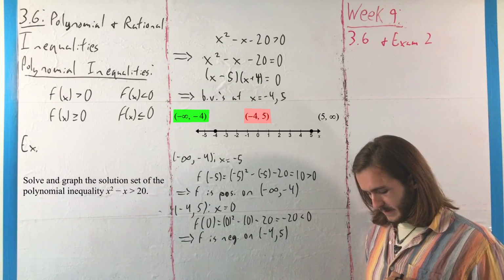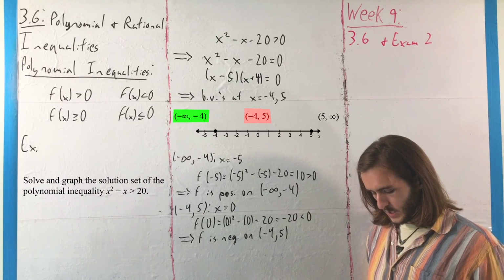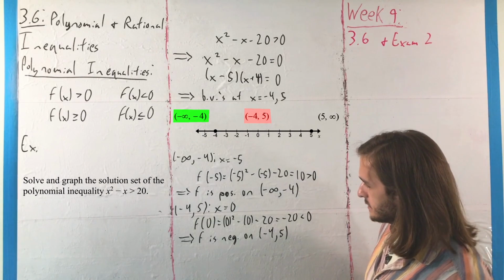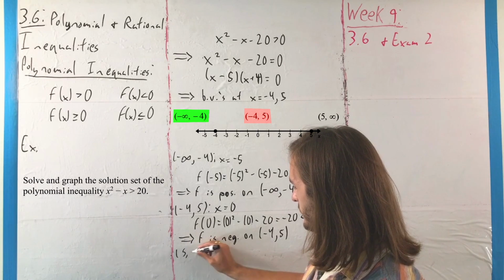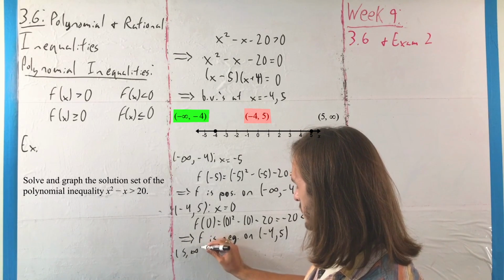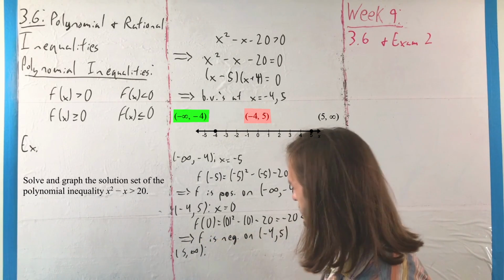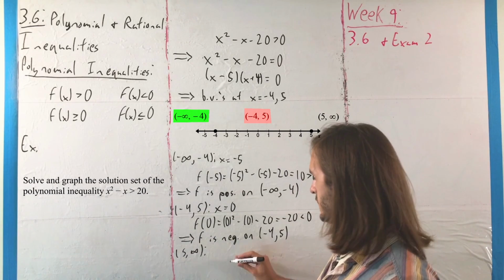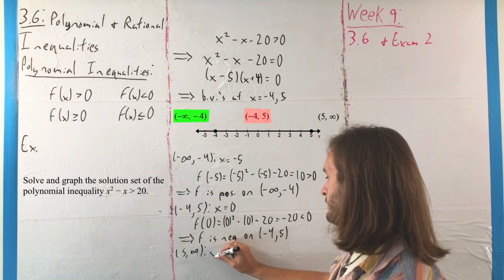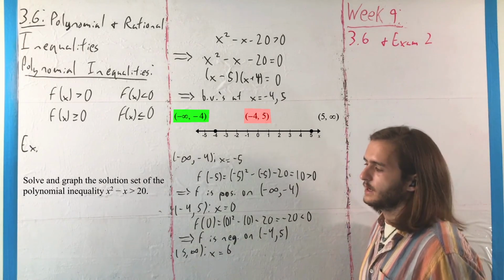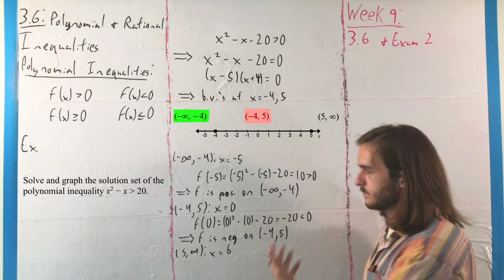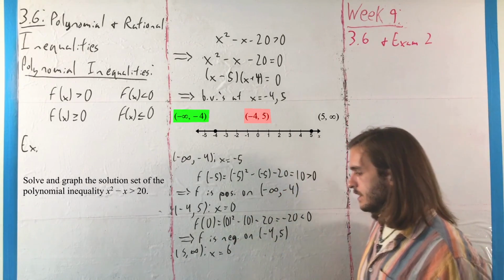And then finally, we want to check the interval from 5 to infinity, where I know I'm really low on space here, so I'm going to be a little bit more brief with my notation. And again, there isn't really an obvious candidate, so I'm going to take x equals 6. If you don't have something obvious like 0 or 1 or -1, just pick something close.